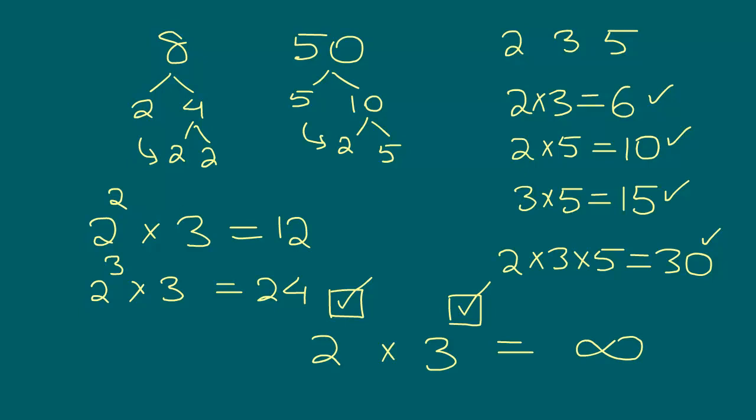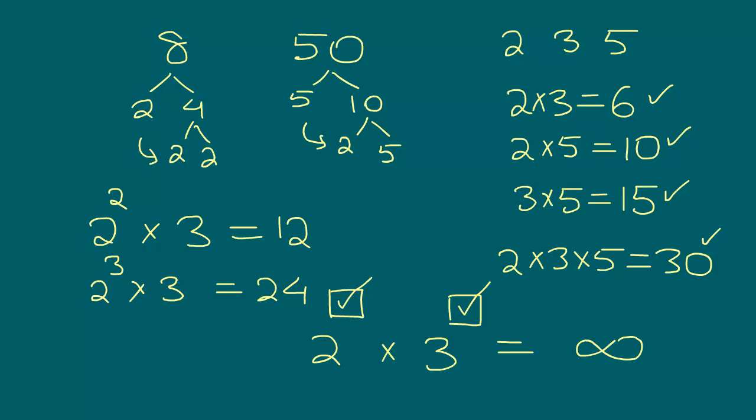Similarly, if we take combinations of different prime numbers, as you can imagine, we can create infinitely many numbers. So here is the big bold question. Can we create all composite numbers by multiplying different prime numbers?